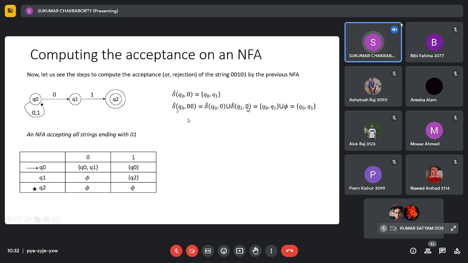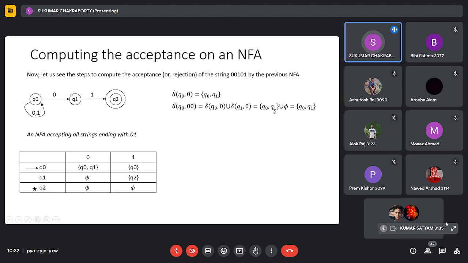If you don't understand or if there is any confusion in your mind, you can ask. You can ask questions at any point of time. Now, delta of q0, 0 union delta of q1, 0. So delta of q0, 0 is q0, q1 and delta of q1, 0 is phi.